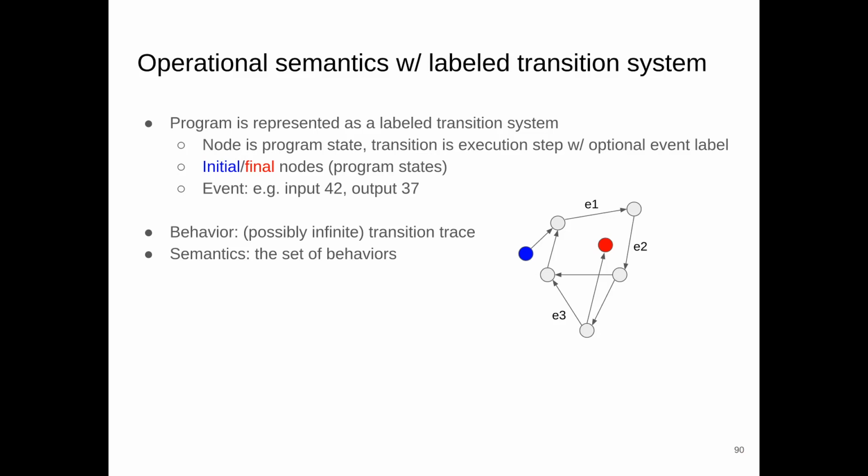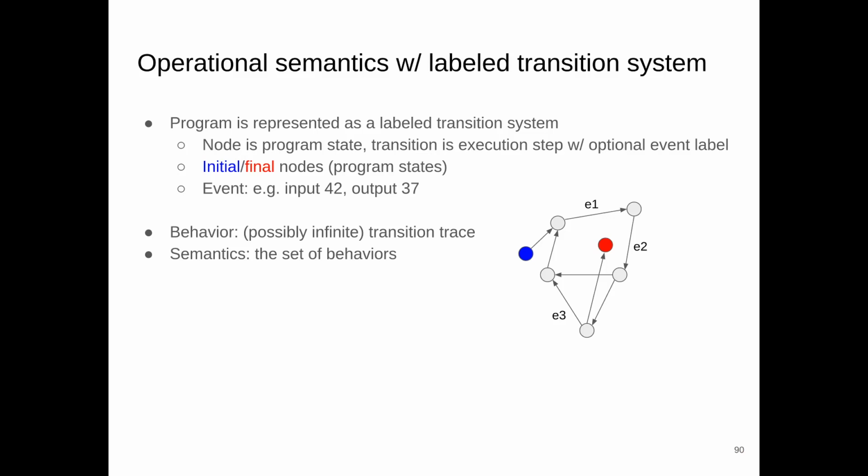And here, a node is a state, and a transition is an execution step, possibly with an event. For example, if you have a program with a line saying print 42, then you are going to move your program counter and print 42 to the screen.